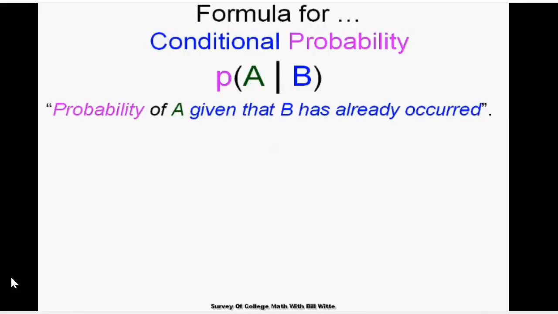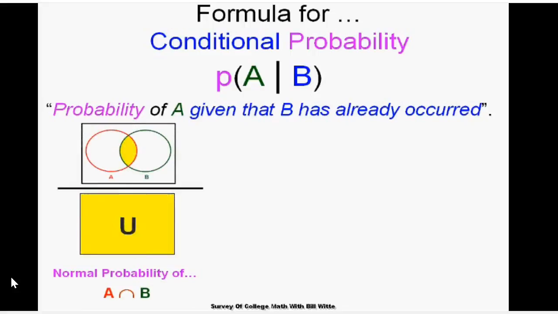Let me show you the actual formula for conditional probability. Well, normally, the probability of A and B both happening, we'll say the intersection of A and B, would be the ratio of A and B both happening, the intersection, over our complete universe, every possible thing that can happen, okay?